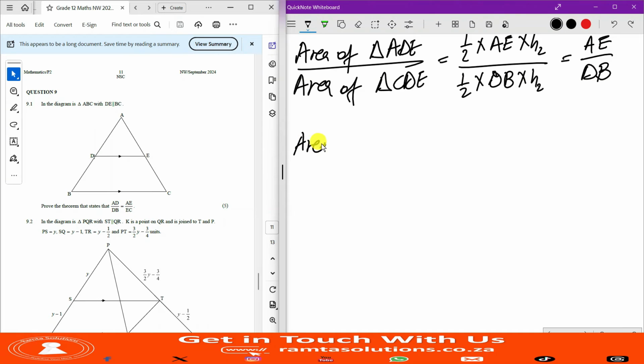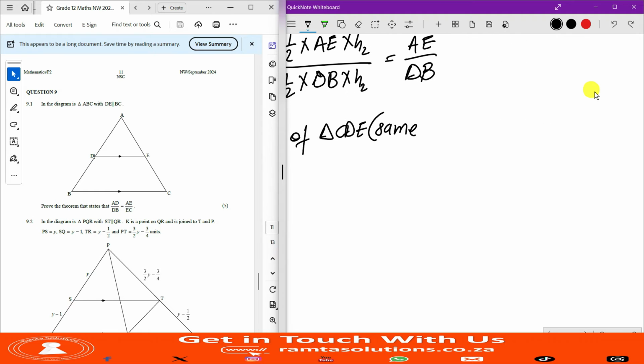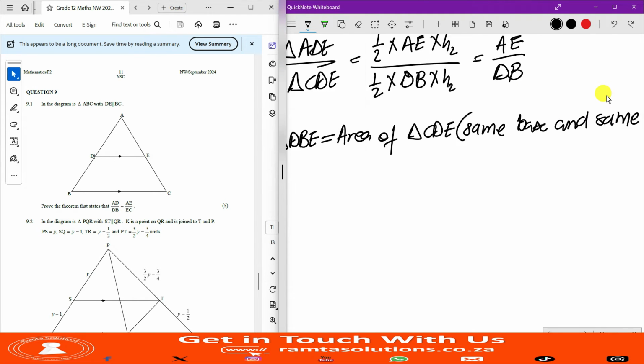Let me note it: area of triangle DBE is equal to area of triangle CDE. Why is that? They have the same base and same height.